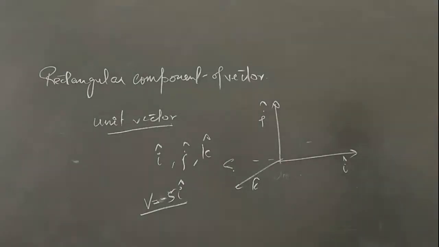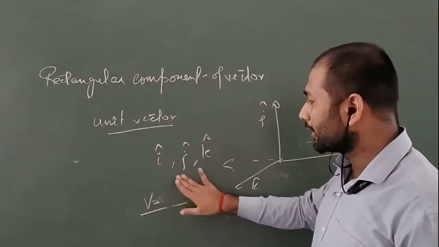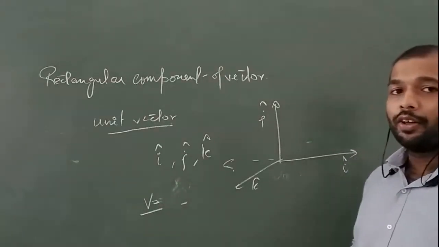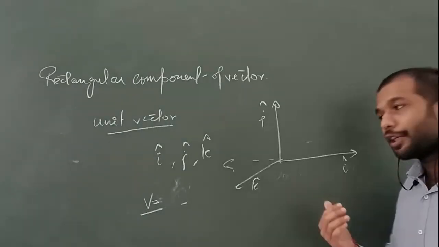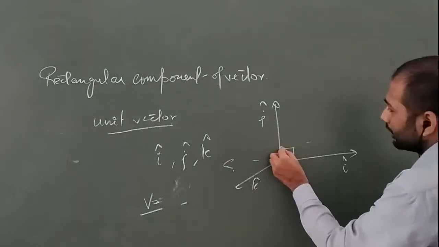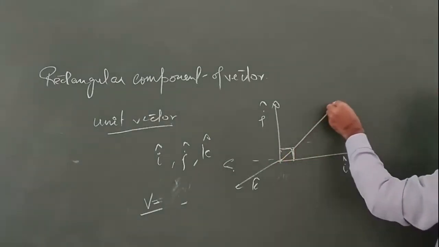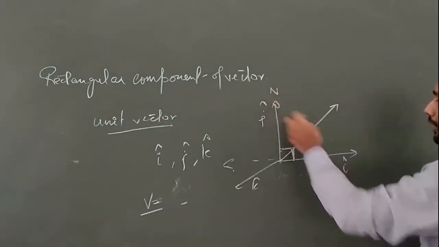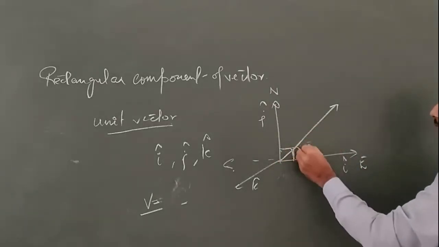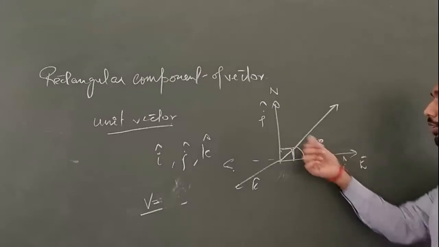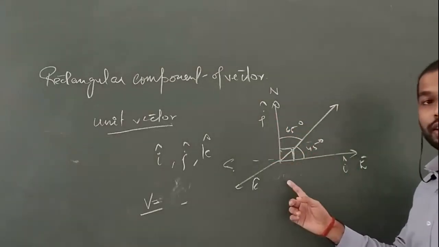Now if I say our body has a velocity of 5 in the due northeast direction, then due northeast means, this is our complete 90 degrees, so the line that is passing through the middle, between north and east, makes a 45 degree angle with the base, or you can also say it makes a 45 degree angle with the vertical.